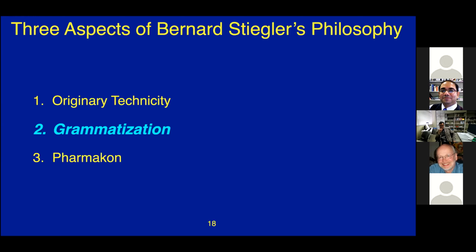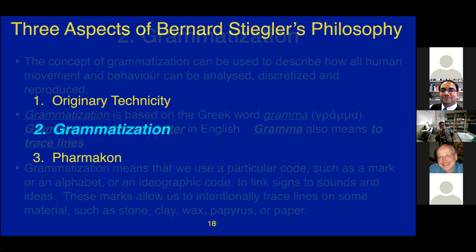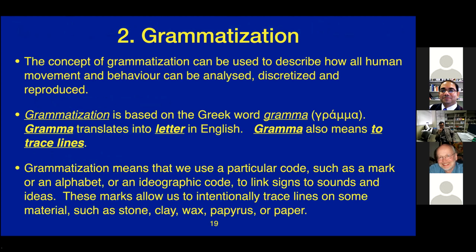Tool use requires intellectual faculties such as reflective thought and self-consciousness, which are developed in a social context. The concept of grammatization can be used to describe how all human movement and behavior can be analyzed, discretized, and reproduced.